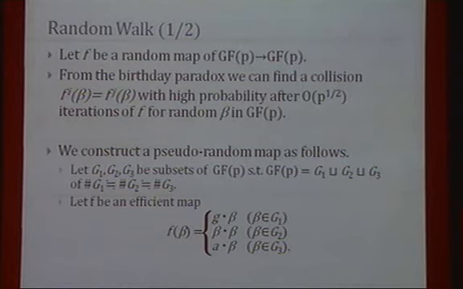And from the birthday paradox, we can find a collision by iterating the map F on the initial point beta. When i and j are different and the iterates coincide, we call it a collision. With high probability this happens after an iteration of about the square root of p.